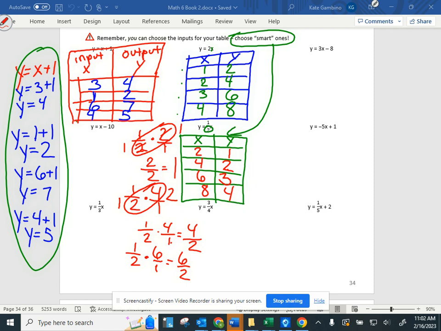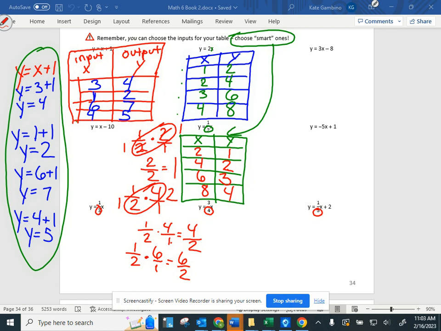So when you're working with the fraction, use the x that's going to give you a whole number that's divisible by that denominator. We wanted numbers divisible by 2. Here we're going to want your x to be numbers divisible by 4, numbers divisible by 3, numbers divisible by 5.